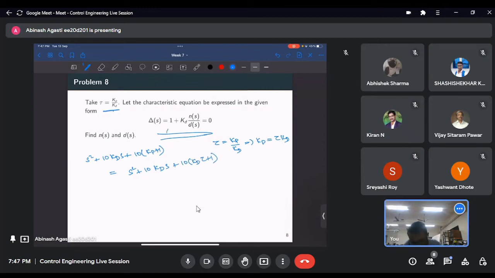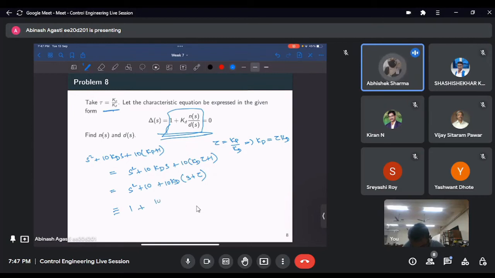Now that is true, but represent it in this form, like we did for root locus. सर, इसके लिए सबसे पहले तो 1 प्लस Kd को कांस्टेंट लेंगे, जो भी term है, मतलब s स्क्वायर प्लस 10 प्लस Kd इंटू समथिंग। Yes sir. उसके बाद इसको डिवाइड कर देंगे, 10 Kd इंटू s प्लस tau बाई, पूरे term को डिवाइड कर देंगे s स्क्वायर प्लस। So this is how we get the characteristic equation into this desired form.